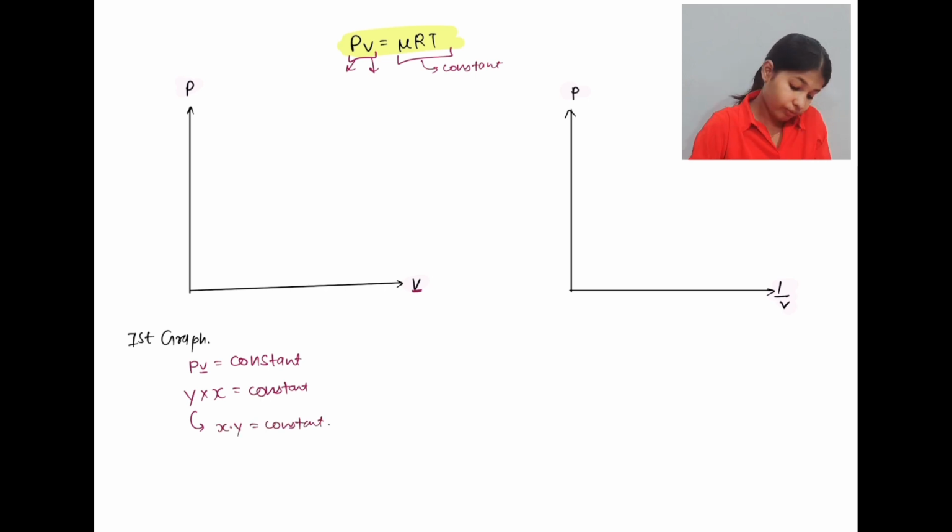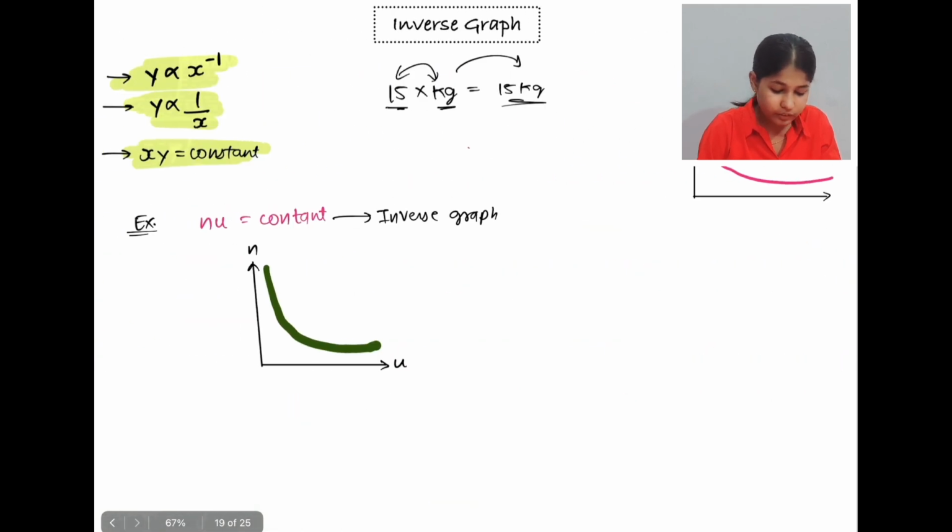Now, if you remember what kind of graph you are going to plot in this, simply it will be an inverse graph, because you can see that x into y is equal to constant.